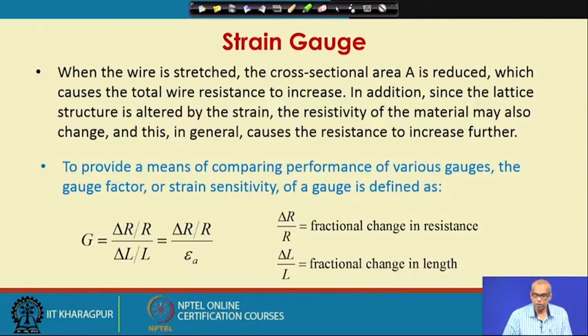When the wire is stretched, the cross sectional area A is reduced, which causes the total wire resistance to increase. In addition, since the lattice structure is altered by the strain, the resistivity of the material may also change, and this in general causes the resistance to increase further.